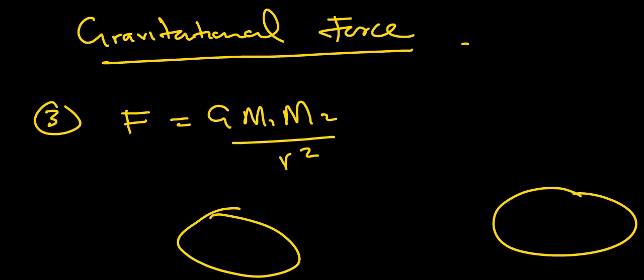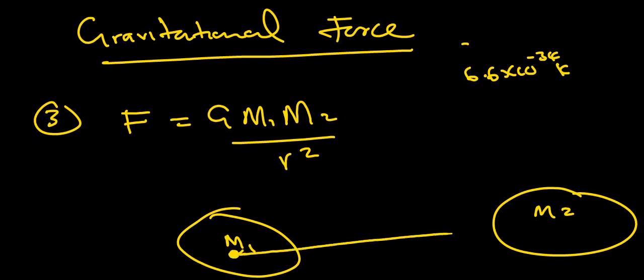G is a constant, something like 6.6 times 10 to the power of negative 11, and they always give you the capital letter G. This is the mass for the first object, m1, and this is the mass for the second object, m2. Then the radius is the distance from the central part of one object to the central part of the other object.